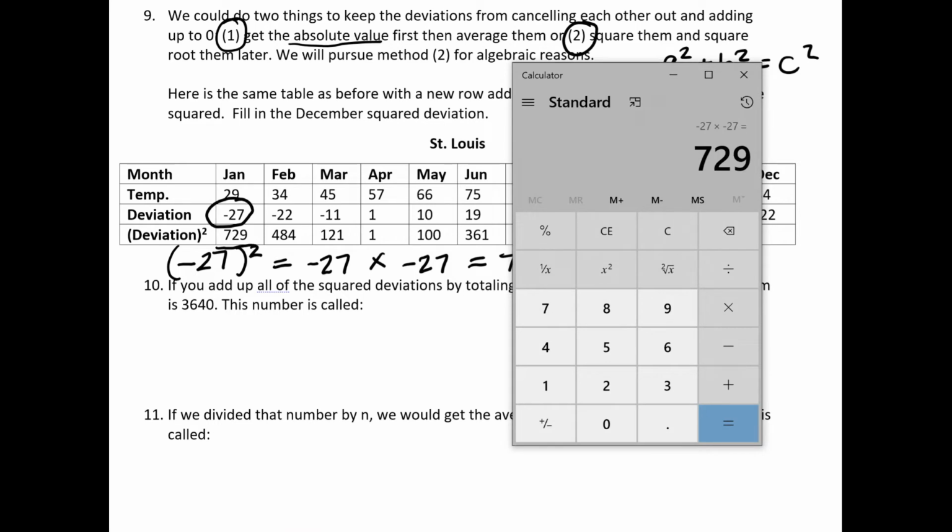And I could also do it this way: if I did negative 27 and then I just hit that square button. Same thing. So negative 22 squared, 484. Negative 11 squared, 121. 1 squared, 1. 10 squared, 100.